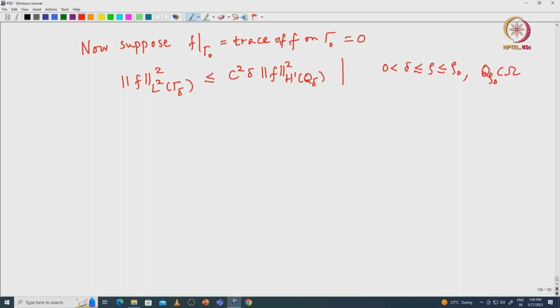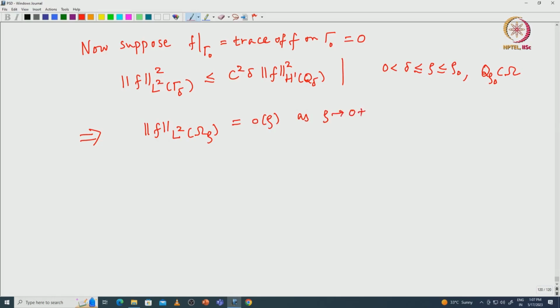So, what we can get is, if you do all that analysis, let me write in one go, this is O of rho as rho tends to 0 plus.